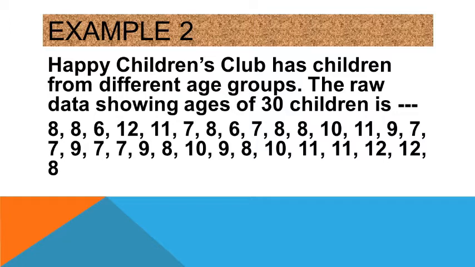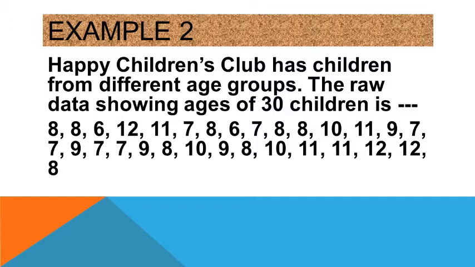Another member has the age of 12. Like this, and so on. Now, in this example, the data is showing you the ages of different members of the group. Hence, now this data is giving us information about the ages of the members.